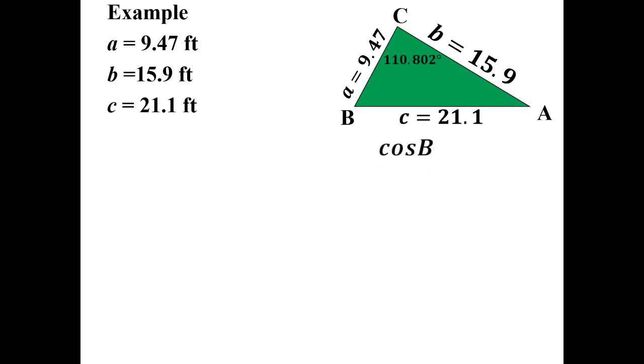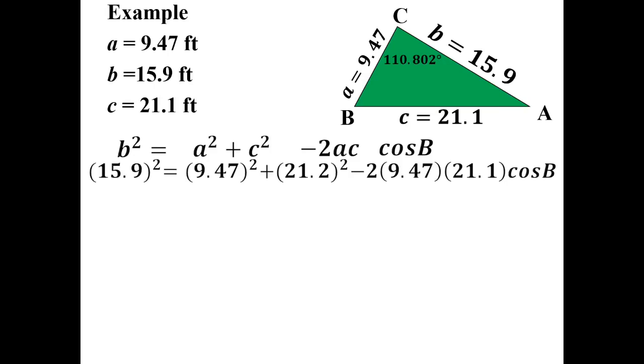So I have the cosine of B. My equation will start with side B squared equals. Then we'll have A squared plus C squared minus 2AC. Substituting our known values, we get this. Before I start getting cosine of B alone, I'm going to take 15.9 and square it. Then I'm going to take 9.47 and square it and add it to 21.1 squared.